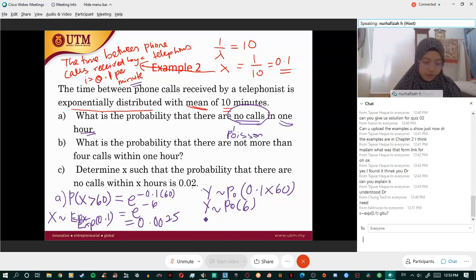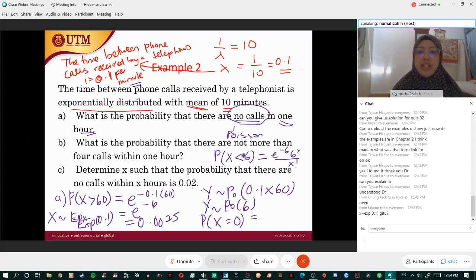Now to find the probability of Poisson, your x is discrete, no calls, so x is equal to 0. Another important thing, I noticed that some of you, for example for P(X < 6), use directly the formula for Poisson distribution. Cannot, this is wrong. This formula for Poisson is only for when x is equal to a specific value.